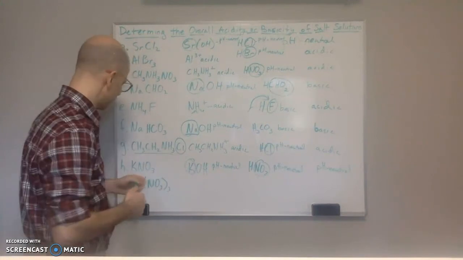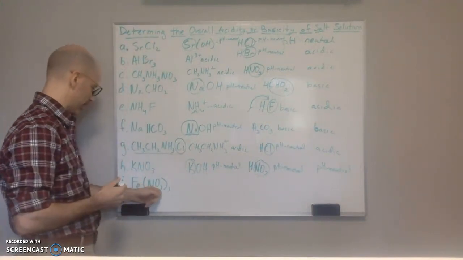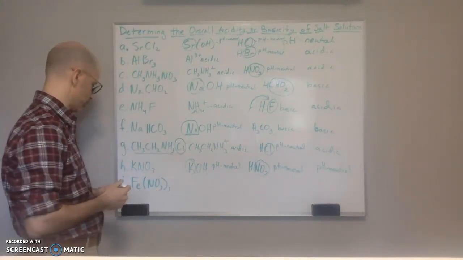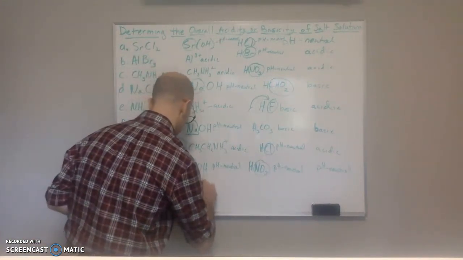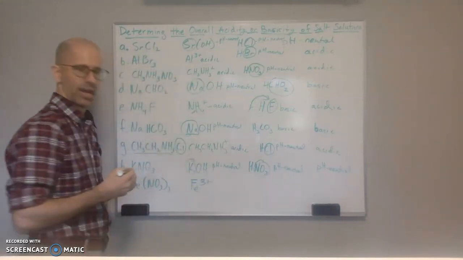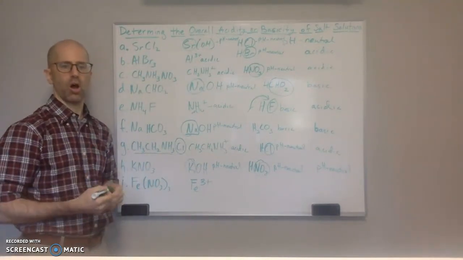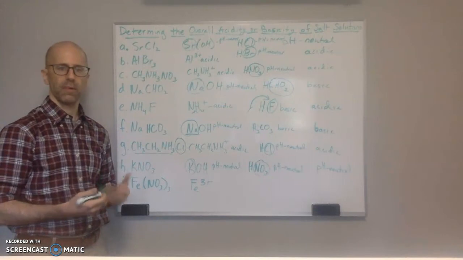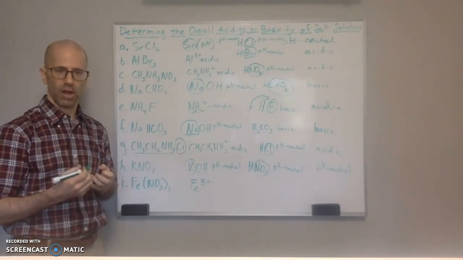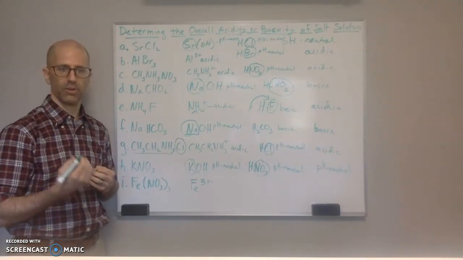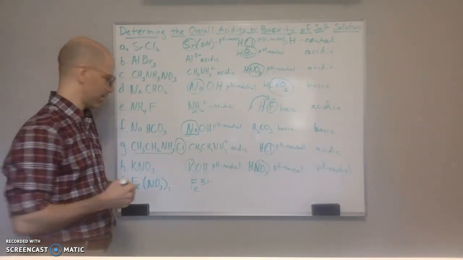And then finally, what about iron(III) nitrate? Iron 3 plus is a highly charged small metal ion. Therefore, it's going to be surrounded by water. Water molecules are going to give off their protons, their hydrogen, and that's going to make it acidic.